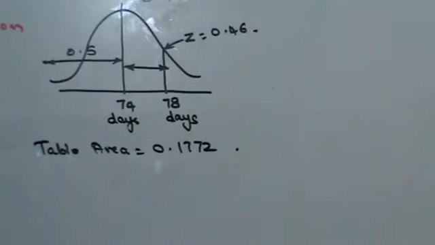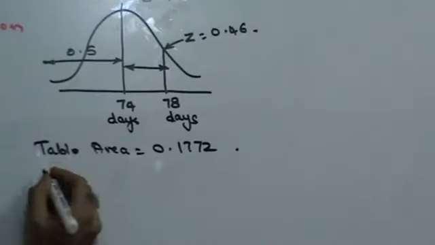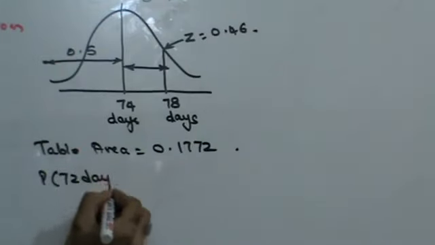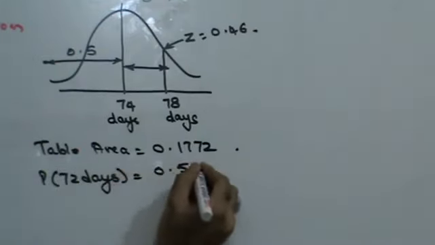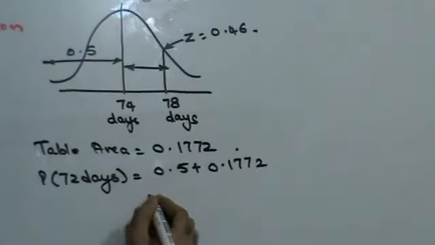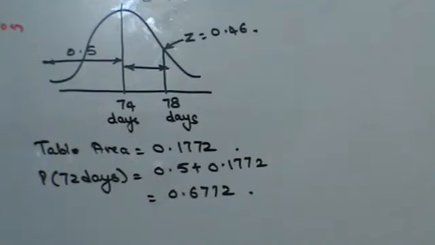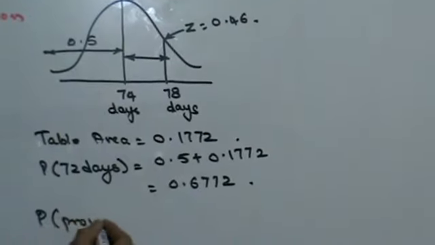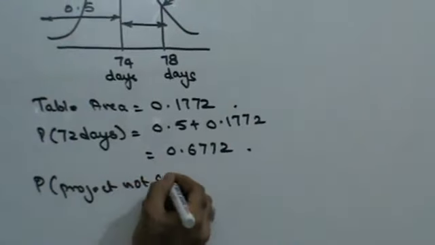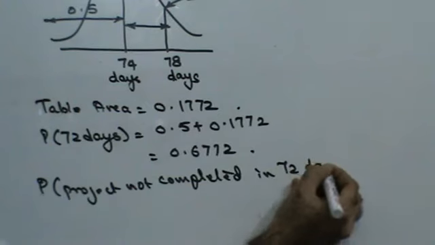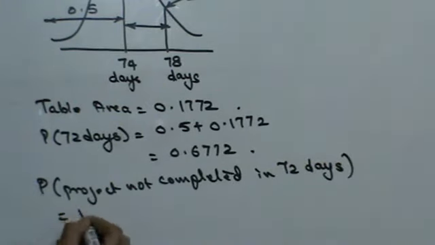You also know that the first half of the bell curve has an area of 0.5. So the probability of completion in 78 days is 0.5 plus 0.1772, which is 0.6772. So what is the probability that the project is not completed in 78 days?